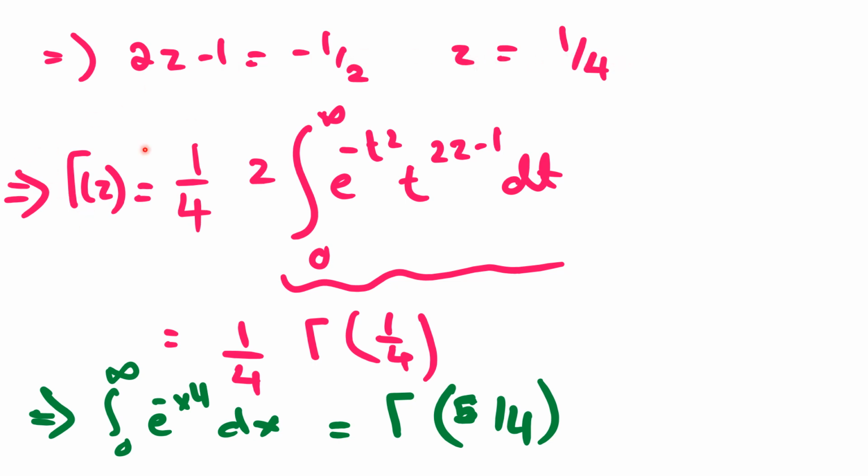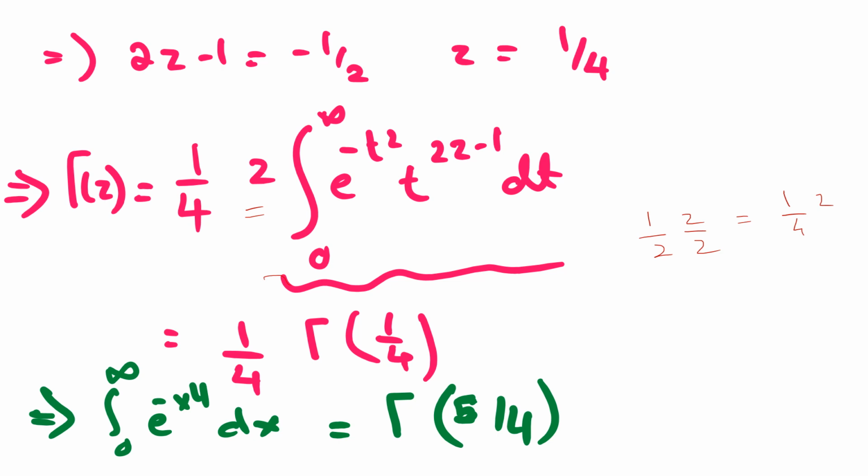So from this background, we will realize that z is equal to 1 by 4. There, we had written 1 by 2 into 2 by 2. So this we have modified. Actually, it is 1 by 4 into 2, because this 2 is very relevant for the definition. This 2 also comes in the definition of gamma 1 by 4. So finally, e raised to minus t squared, t^(2z-1), times 2.